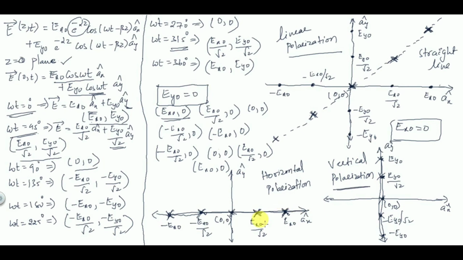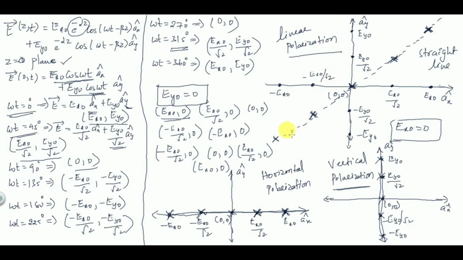Okay, so this is how we can classify, and this is how we can justify that if there is a phase difference of 0 degrees between the x component and y component, that is, the x component and y component are in phase, then we can say that it has linear polarization, that is, the orientation is along a straight line.